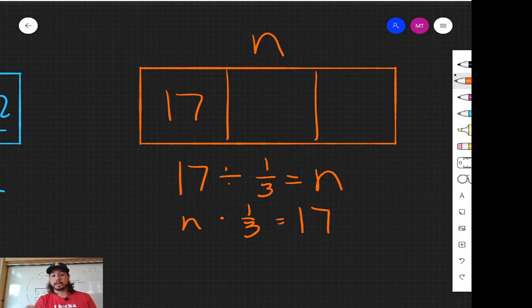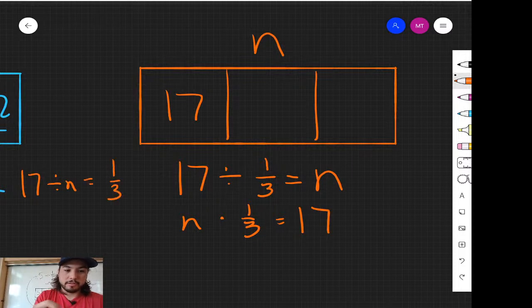Okay, and then our other ones there, we've got n, tricky one using that commutative property, or that associative property, I should say. Somebody says 17 divided by n equals 1/3. That's one we didn't talk about, but yes, it is true. Wow, big brain there. Nice work. Any other ones? We've got 17 divided by 1/3, 1/3 times n.